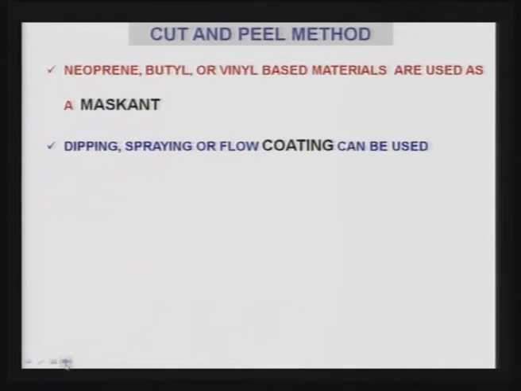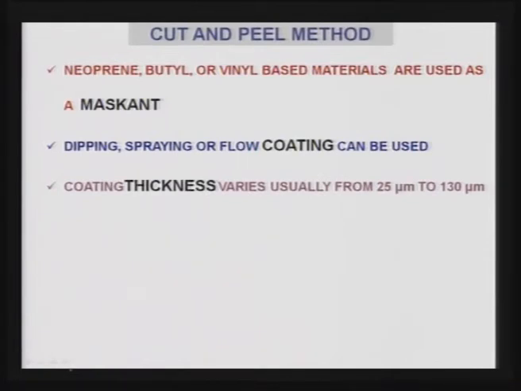Now, dipping, spraying or flow coating can be used, meaning the maskant can be coated by dipping the workpiece inside the bath, or spraying the maskant on the workpiece uniformly, or by flow coating, the maskant can be applied on the whole of the workpiece.